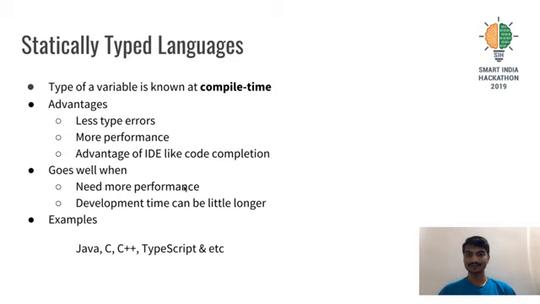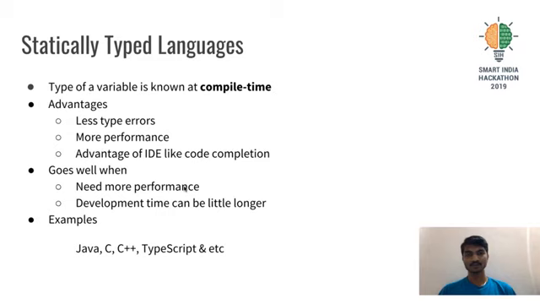And as the compiler knows what kind of data you're going to hold in a variable, it gives you more refined output, which gives you more performance. Those are a few advantages of statically typed languages.